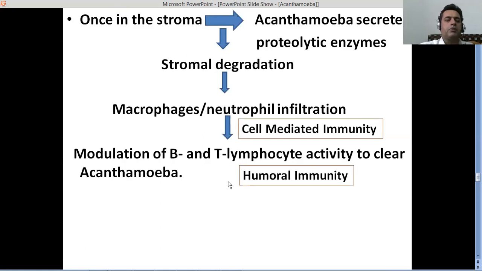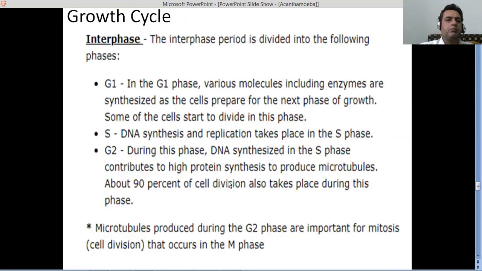And this is what happens if the humoral response and cell-mediated response are strong enough. Then the parasite would be cleared off. Otherwise, the parasite would just persist there and cause blindness in people who are infected with this condition.